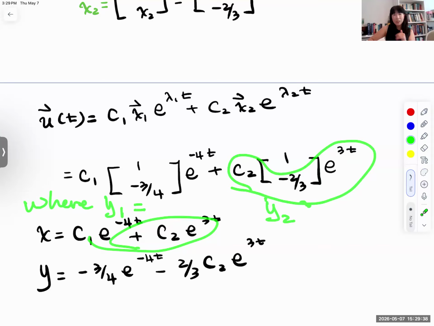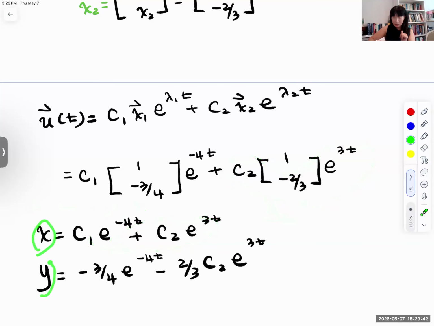Well, I just changed the variable. This one is x, this is y, because the question asks us what's x of t, y of t. Yeah, make sense to you? So we initially start with x and y, yeah?